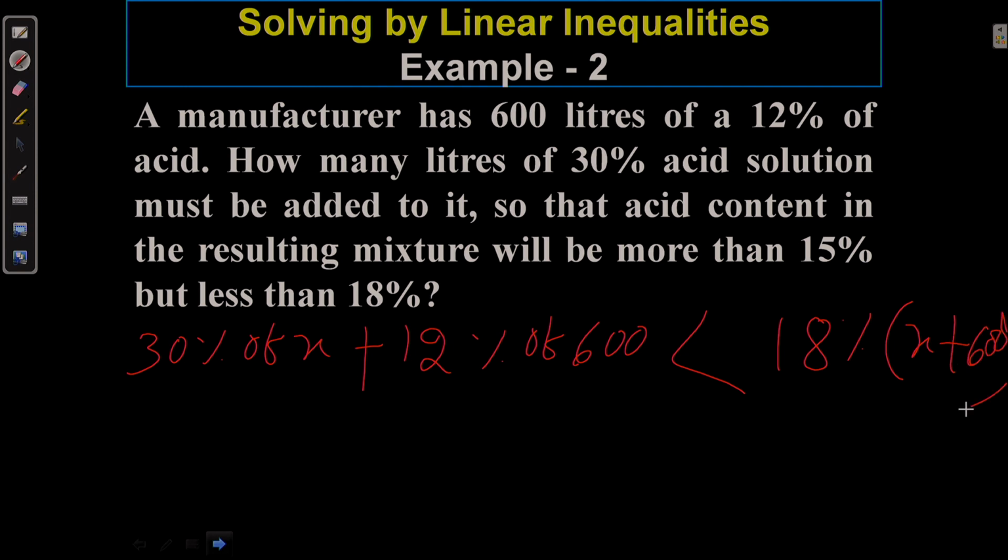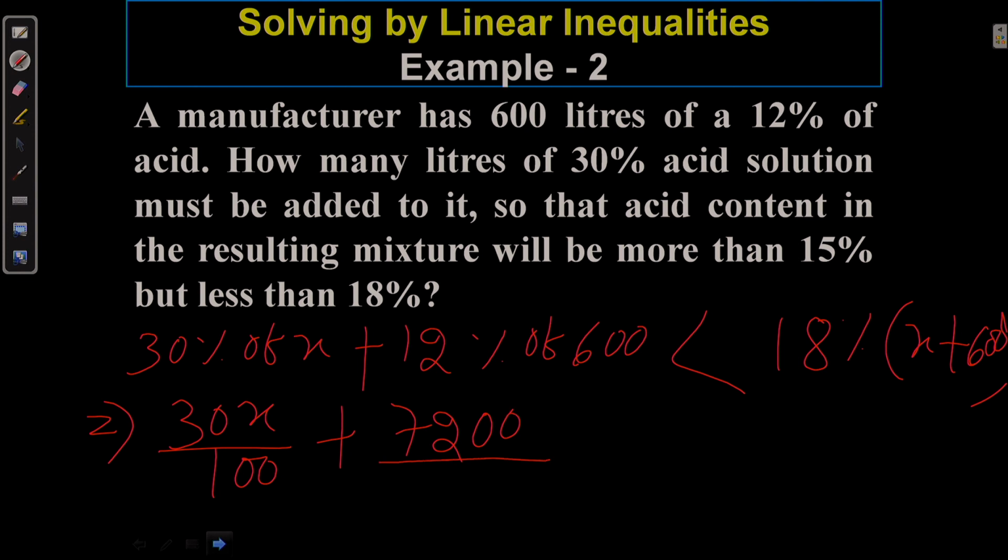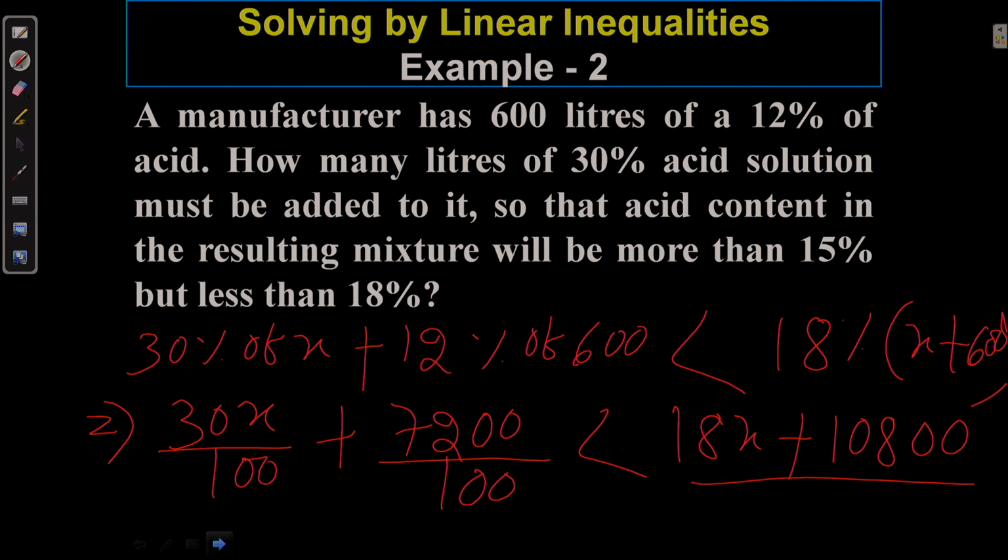Now, when solving this one, we will find 30x/100 plus 7200/100 less than or equal to 18x plus 18 into 6, that means 108, that means 10,800, divided by 100.